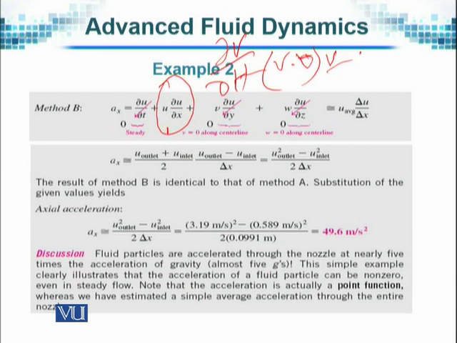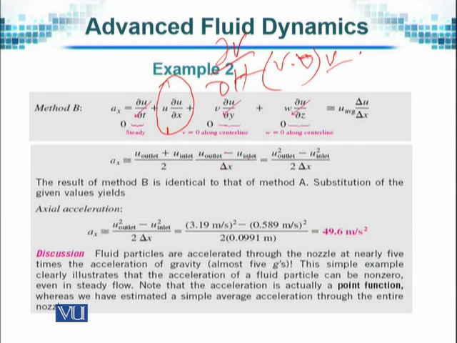If we calculate it, then the acceleration component x is equal to u, which is u outlet plus u inlet over 2, the average u, times the difference in u, because du by dx is the difference divided by delta x.